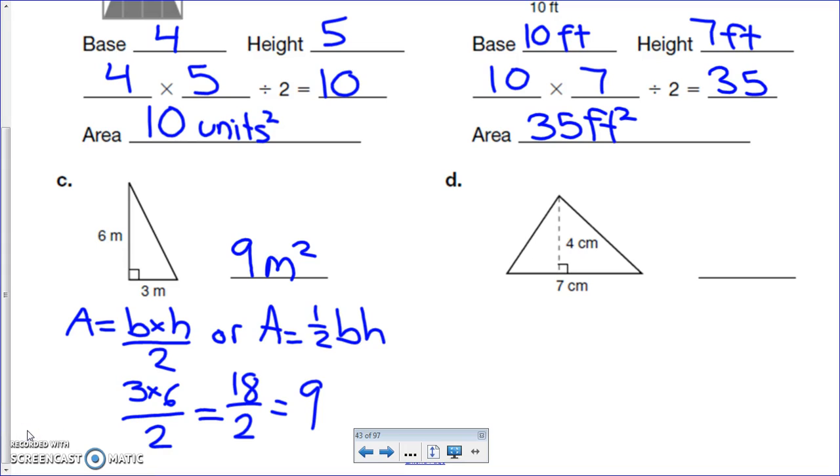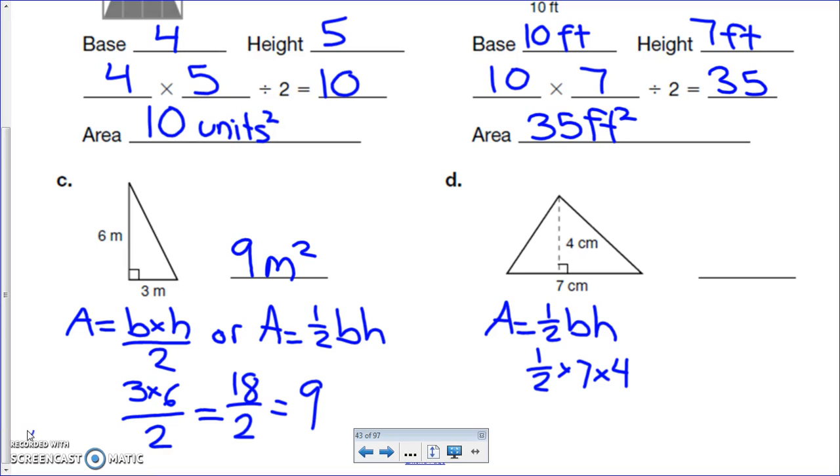For D, we're going to try using the second formula. So we're going to write out area equals 1/2 times the base times the height. And then we're going to fill in what we know. We know the base is 7 and the height is 4. Since it's multiplication, we can do it in whatever order is easiest for us.